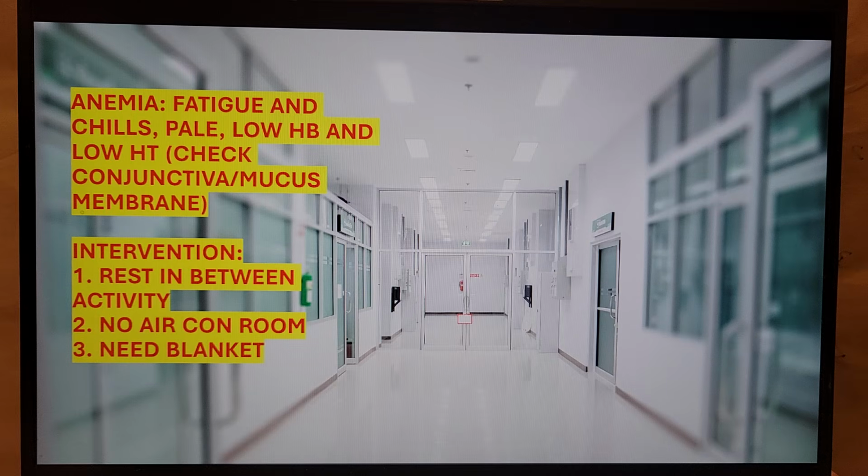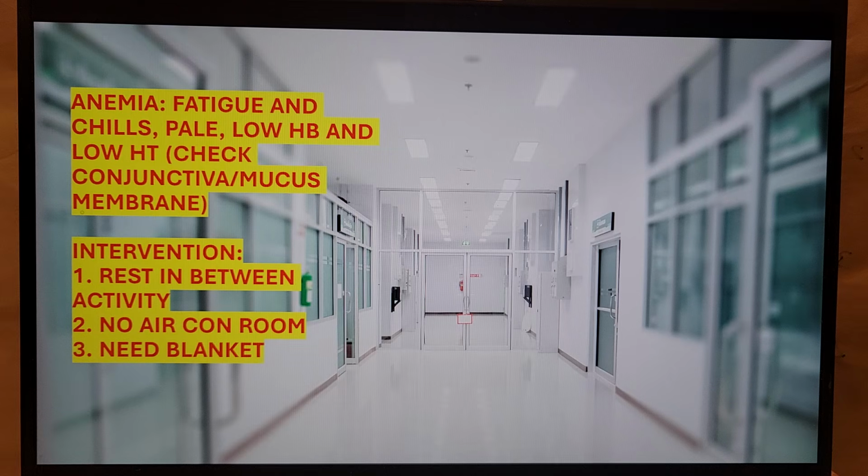When you look at their face it is pale, and if you check their lab values, hemoglobin will be low. Normal hemoglobin should be 12 to 18, right? Hemoglobin is low for people with anemia, and their hematocrit is also low because their RBC is less. Not enough RBC. So hematocrit and hemoglobin are low for people with anemia because their RBC is low.